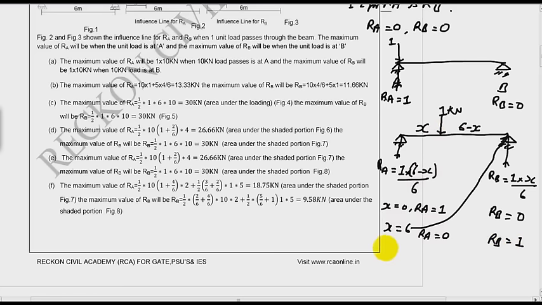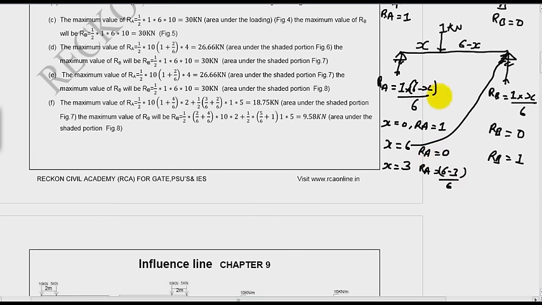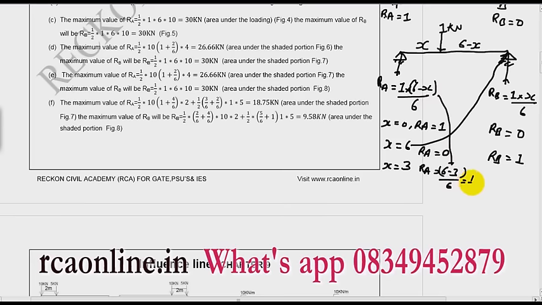Let us take one example, when x is equal to 3, meaning when the load is at the center of the span. RA will be (6 minus 3) by 6, so it is half. And RB is 1 into 3 by 6, again half.